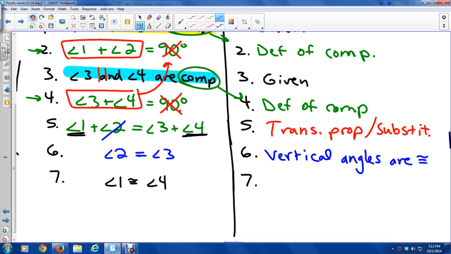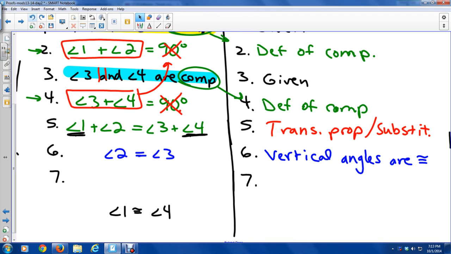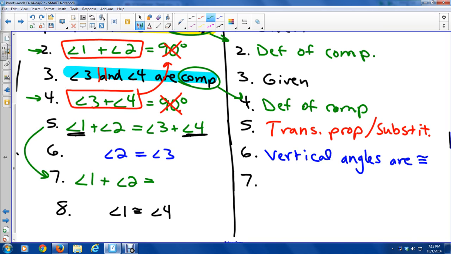However, I'm going to show you one other way to do this that you might find a little bit clearer. A lot of people like to see subtracting the same thing from both sides. If you prefer that method, let's go ahead and rewrite the equation we have in step 5. Angle 1 plus angle 2. But instead of writing angle 3 on the left-hand side, I'm going to replace angle 3 with, what do I know angle 3 is equal to? Step 6 tells me angle 3 is equal to angle 2.